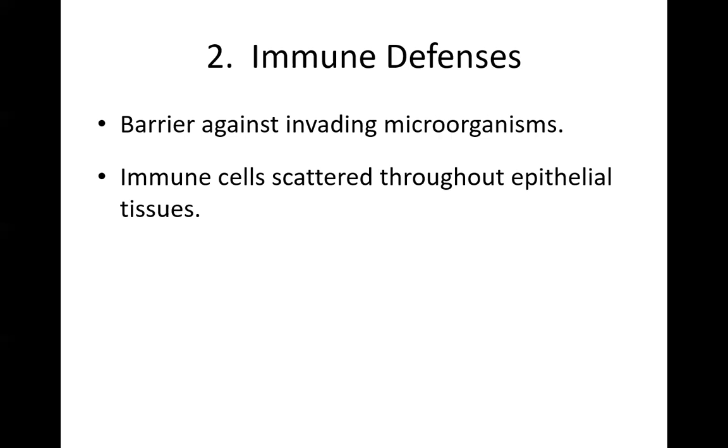That's not what's going to happen, because that neuron tissue is non-regenerative. It cannot enter the cell cycle. So it heals not by regeneration. It heals by scarring, scar tissue formation, fibrosis, healing by fibrosis. The immune cells are scattered throughout the epithelial tissue.